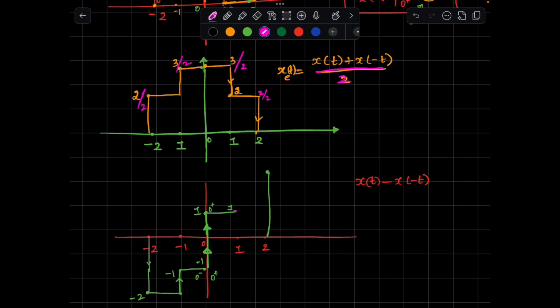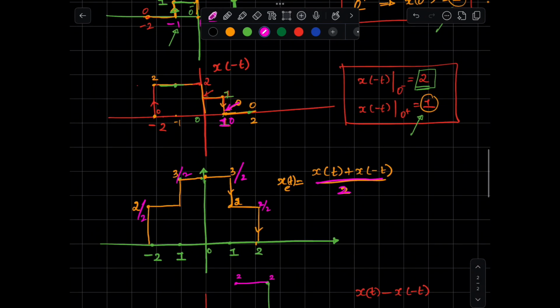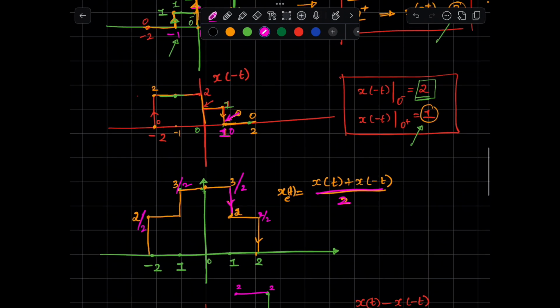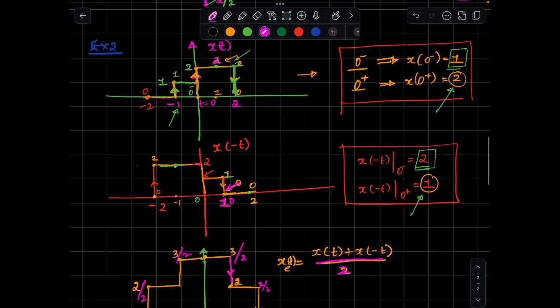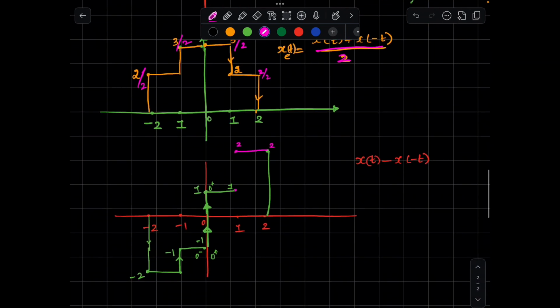So after 1 the amplitude should be equal to 2 and here also it is 2. So I can join this line and the function is having a sudden jump. So this will be here.